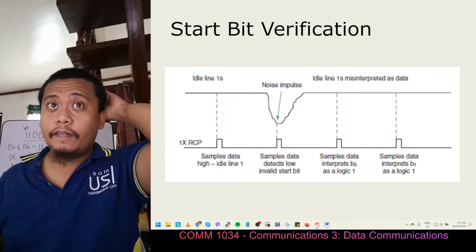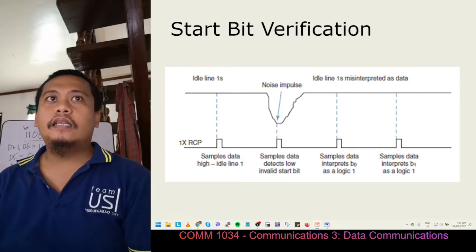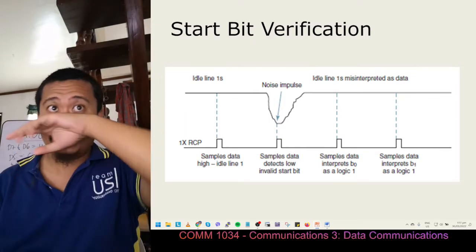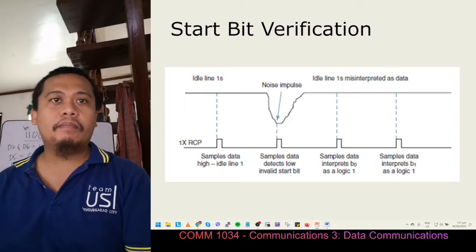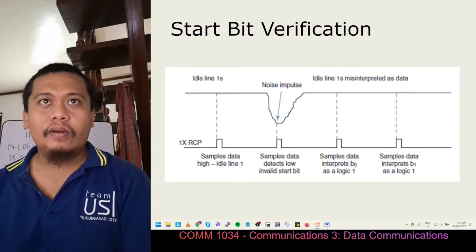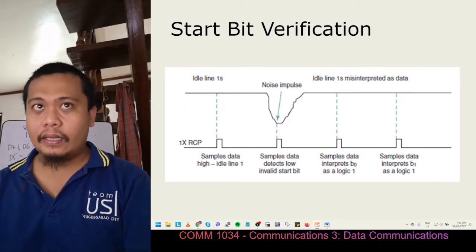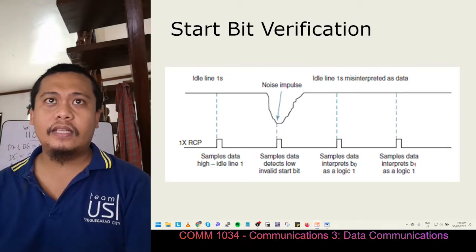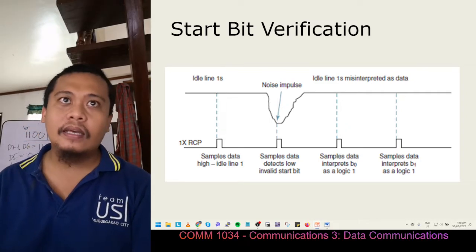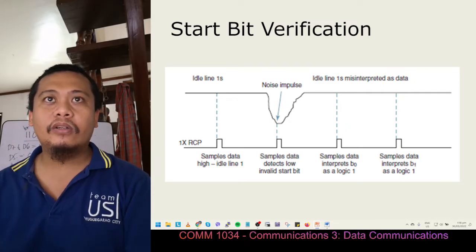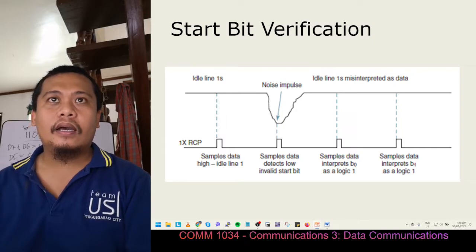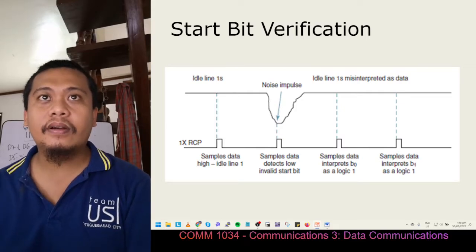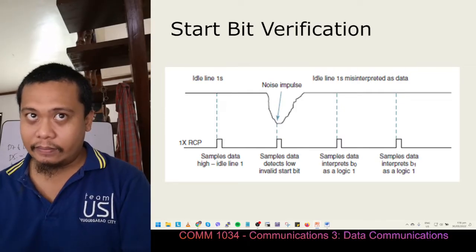So the primary function of the start bit verification circuit is to detect valid start bits, which indicate the beginning of a data character. The figure shows an example of how noise can be misinterpreted as a start bit. The input data consists of continuous strings of idle ones, which are typically transmitted when there is no information. Idle line ones are interpreted by a receiver as continuous stop bits.